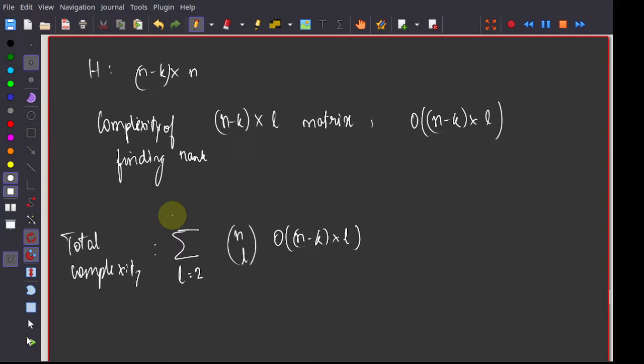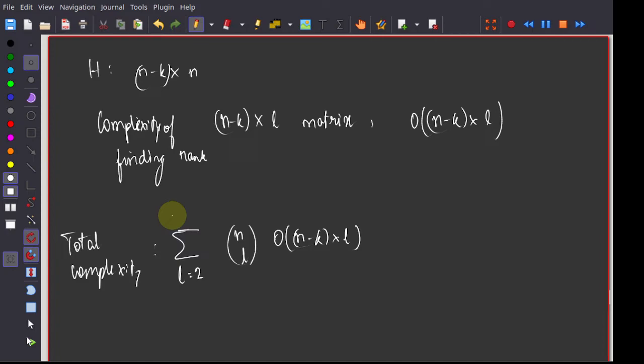I'm given an arbitrary parity check matrix H, and I want to find out what is the minimum distance. So I start with 2, I'll go to 3, 4, 5, 6, 7, 8. Why do I need to go up to n? I agree there are n columns, but then do I have to go all the way up to n?